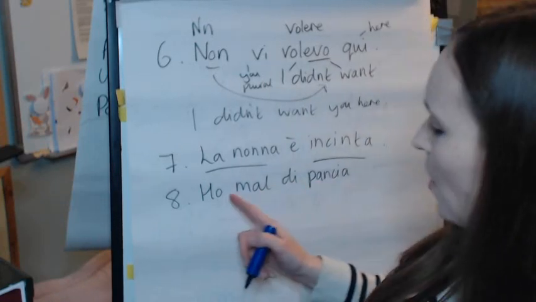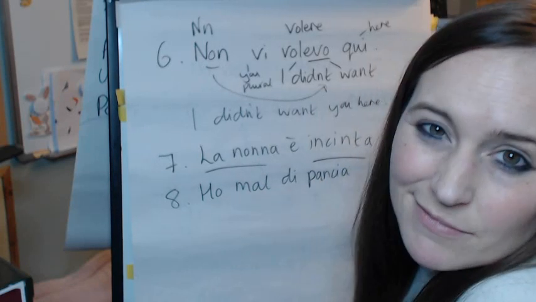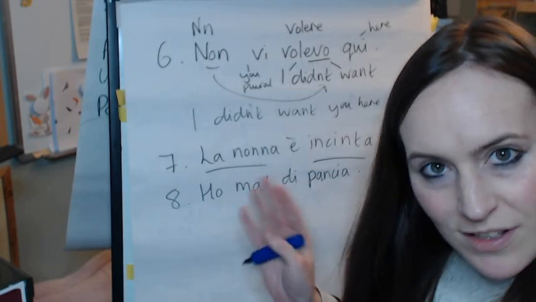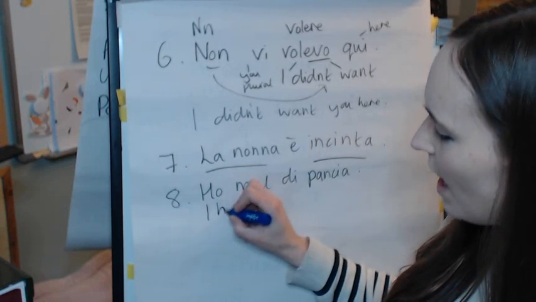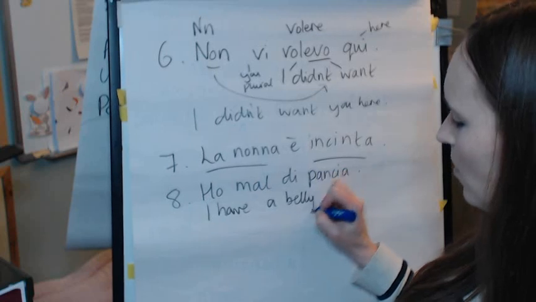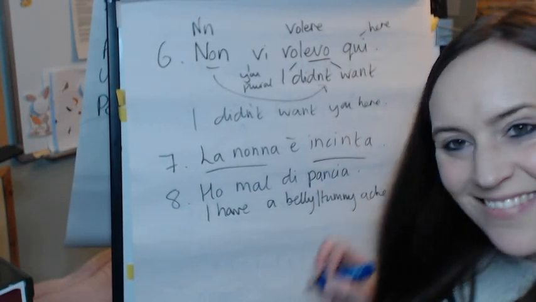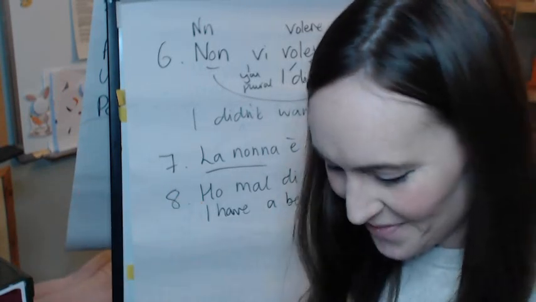Pancia is belly, so I have a bad stomach, bad belly. I've got a belly ache, a tummy ache. Slightly more informal than stomaco, okay? I have a belly or tummy ache. Obviously denoting that the food was poorly cooked.